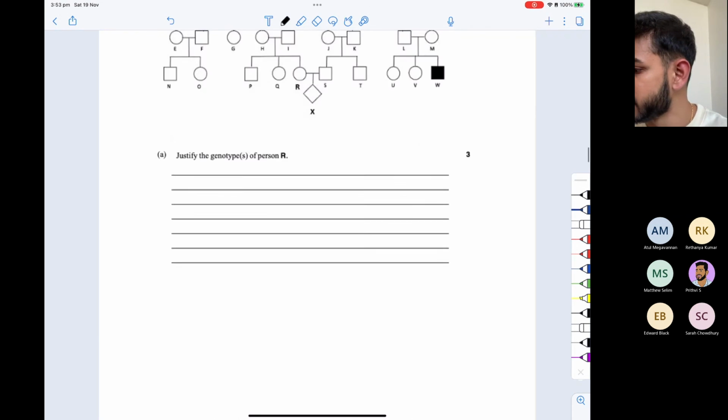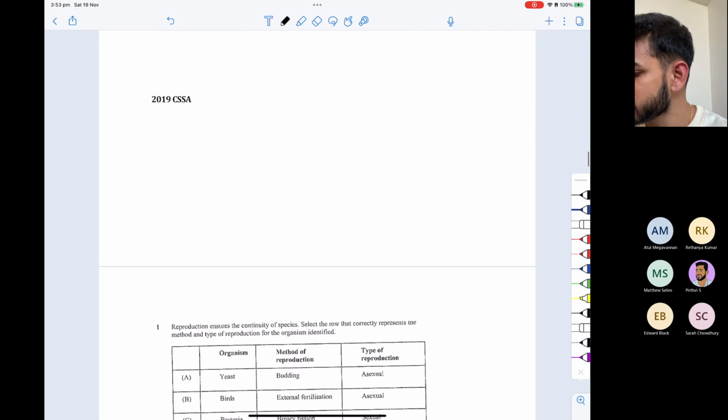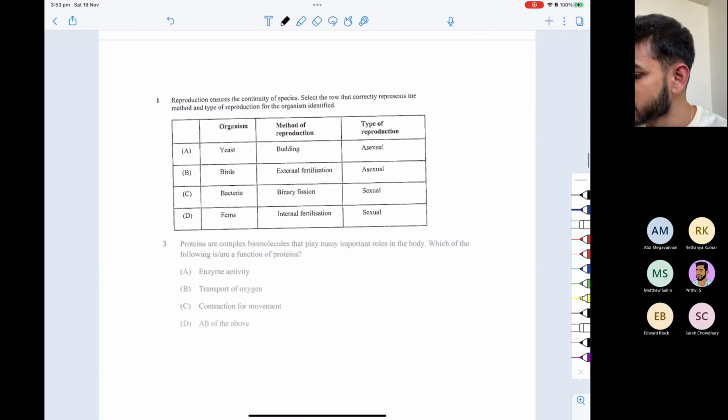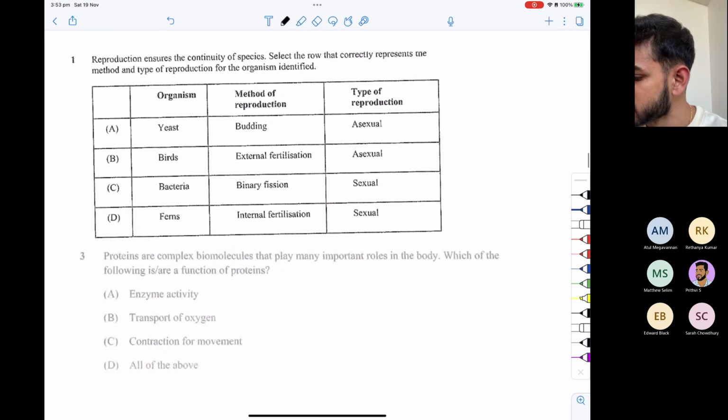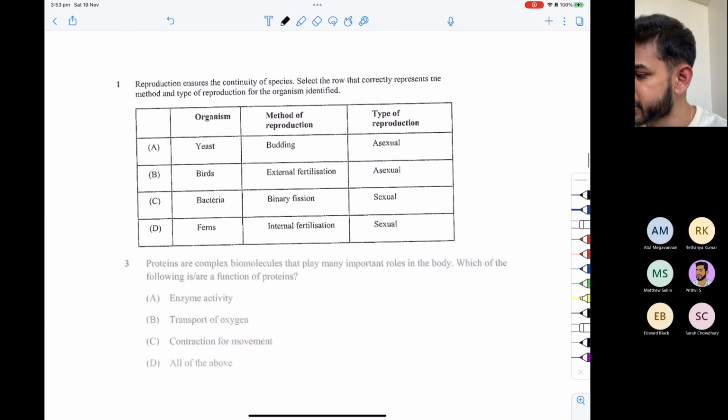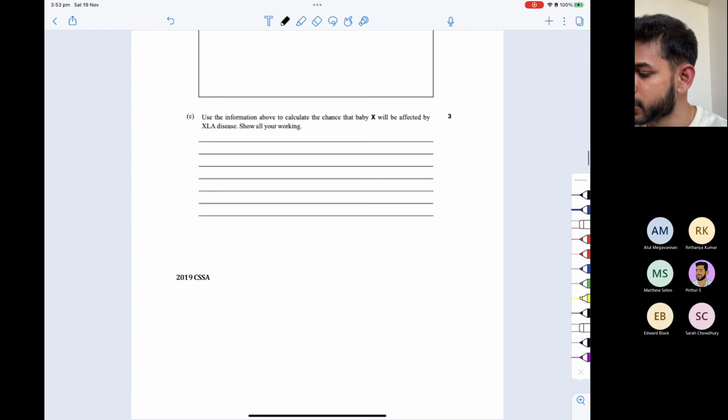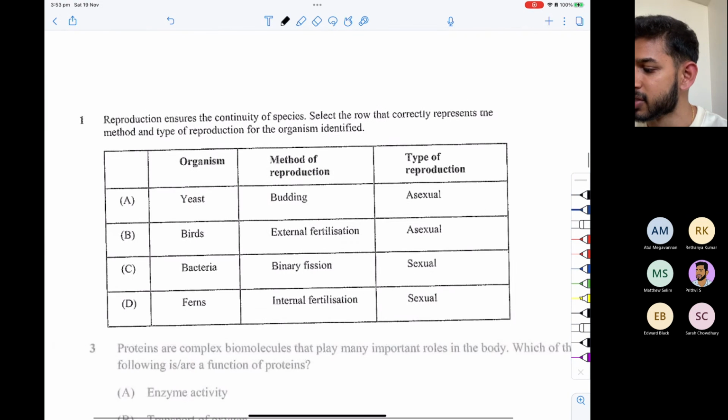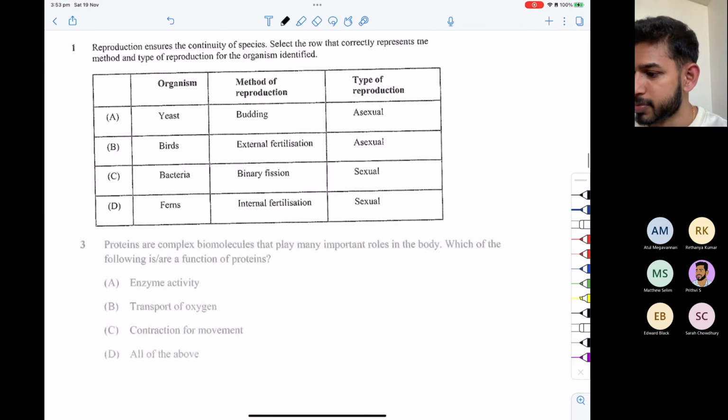All right. Let's go to questions 1 and 3. This is from the 2019 CSSA, Catholic Schools Association paper. Give it a go, guys.